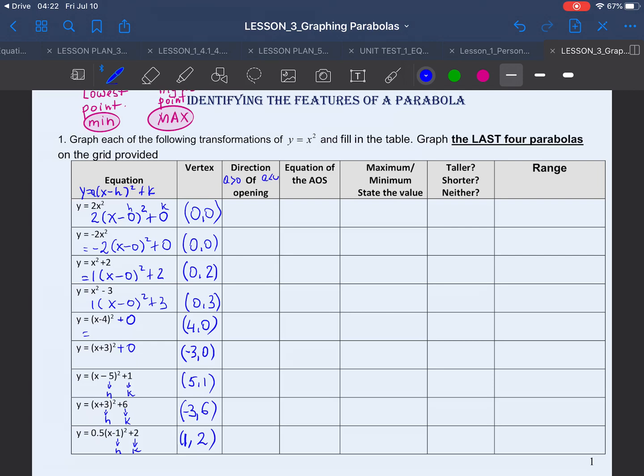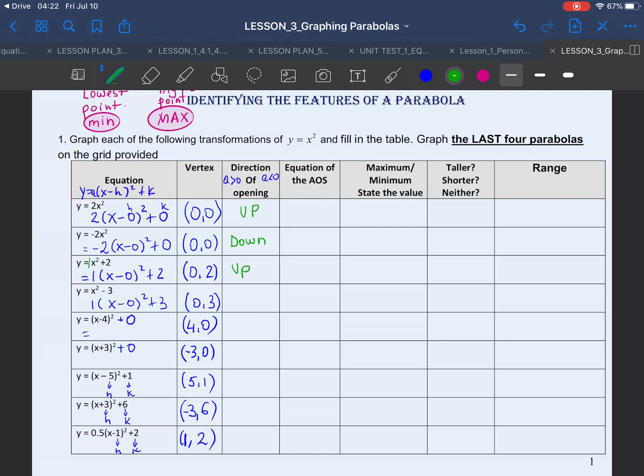Now the direction of opening. Remember what determines the direction of opening: the coefficient a being positive or negative. So when positive, it opens up; negative opens down. So let's take a look at each parabola. a is positive for 2x squared, so it will open up. a is negative, it will open down.